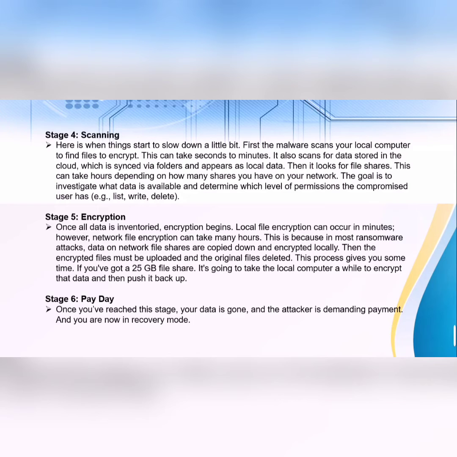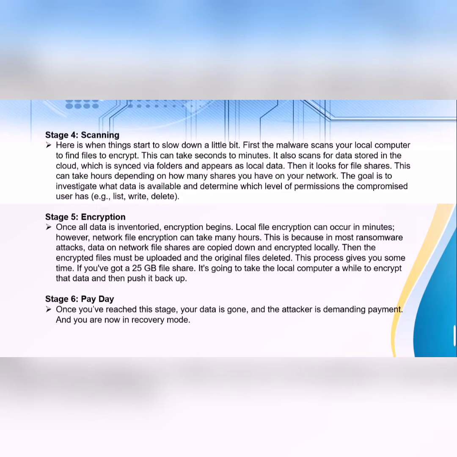Then it looks for file shares. This can take hours depending on how many shares you have on your network. The goal is to investigate what data is available and determine which level of permissions the compromised user has. For example, list, write, delete.